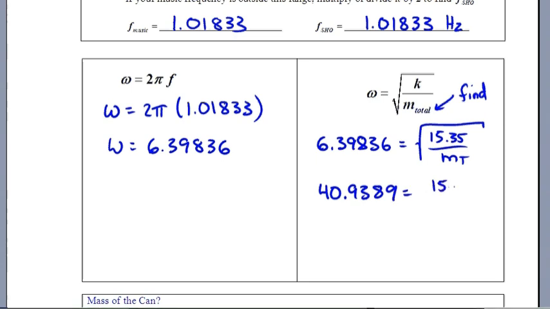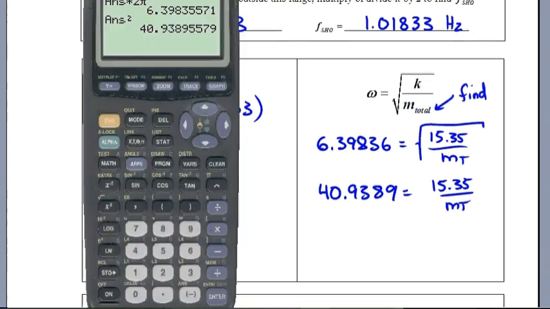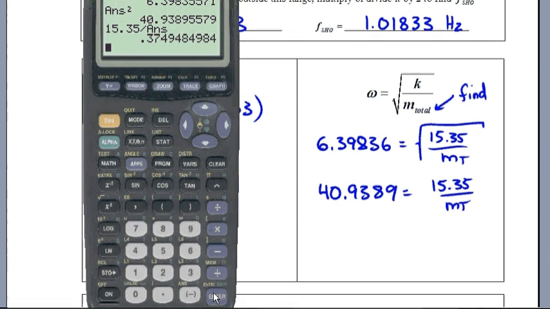That would be the spring constant number divided by the total mass. Okay, so the total mass would be 15.35 divided by that last answer. All right, total mass, but this includes a portion of the spring itself.